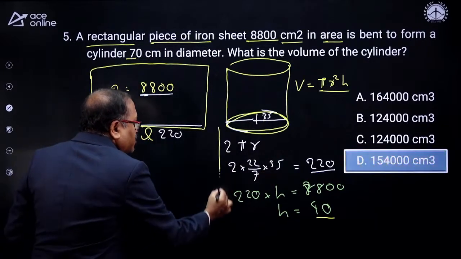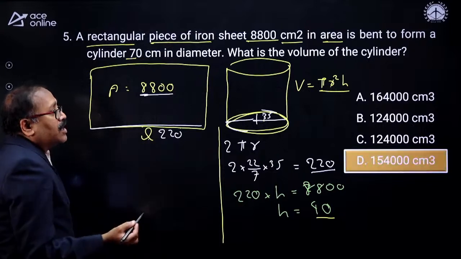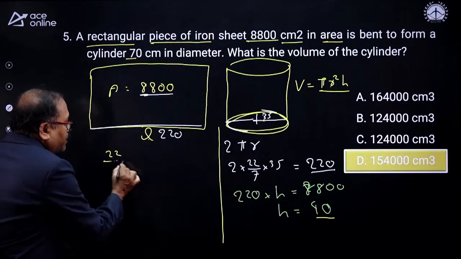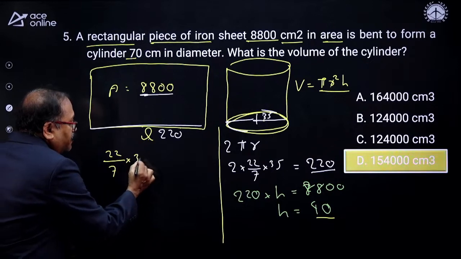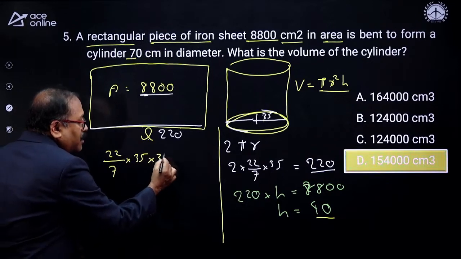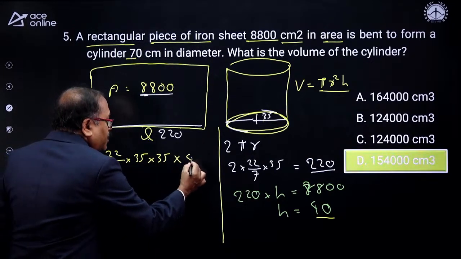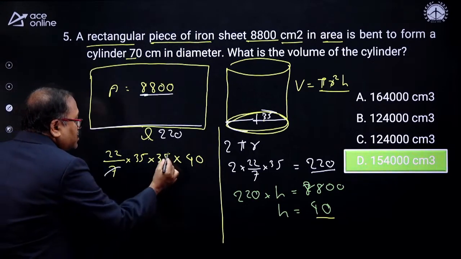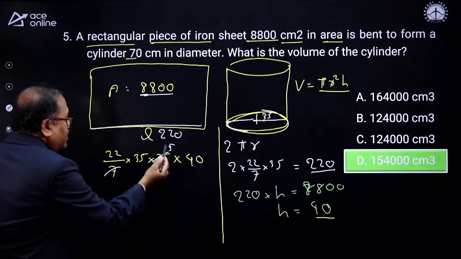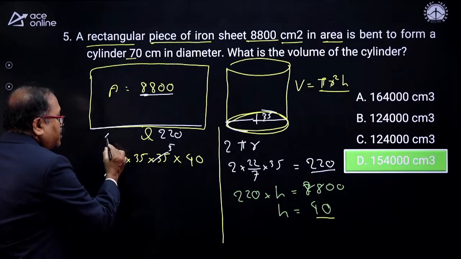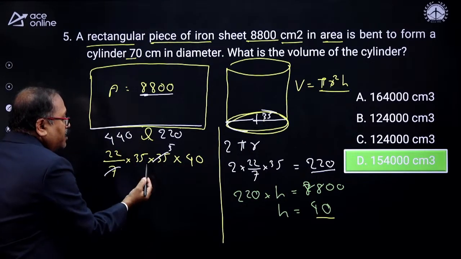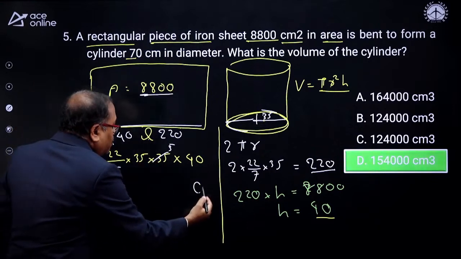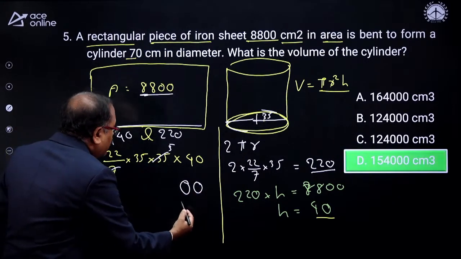So let's work out the question over here. I need to find out the pi r square H. Pi is nothing but 22/7. R is 35 into 35 and H is 40. That's all. When I cancel this one, I get the answer. So this gets cancelled 5 times and 110, 440. So when you multiply 440 by 35, your answer is ready. So that is 0 and 4, 5, 20 carry 2.